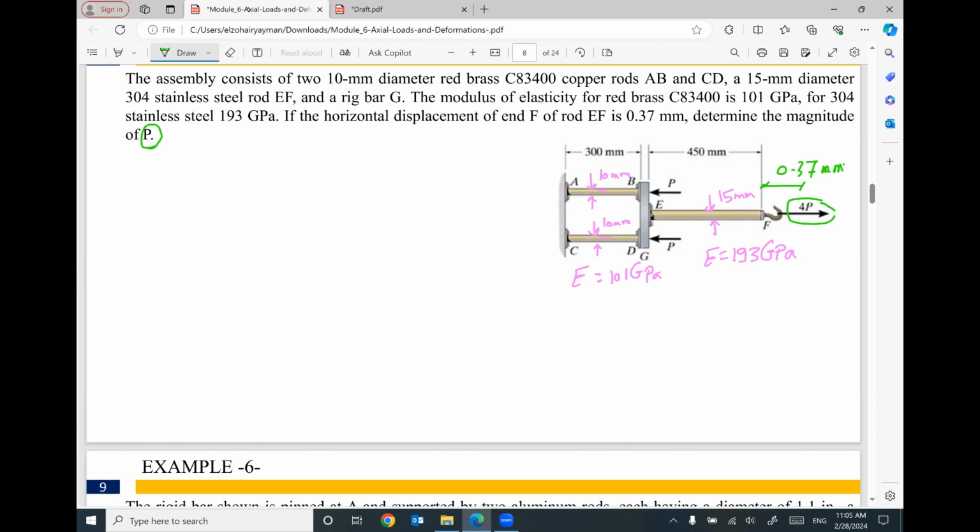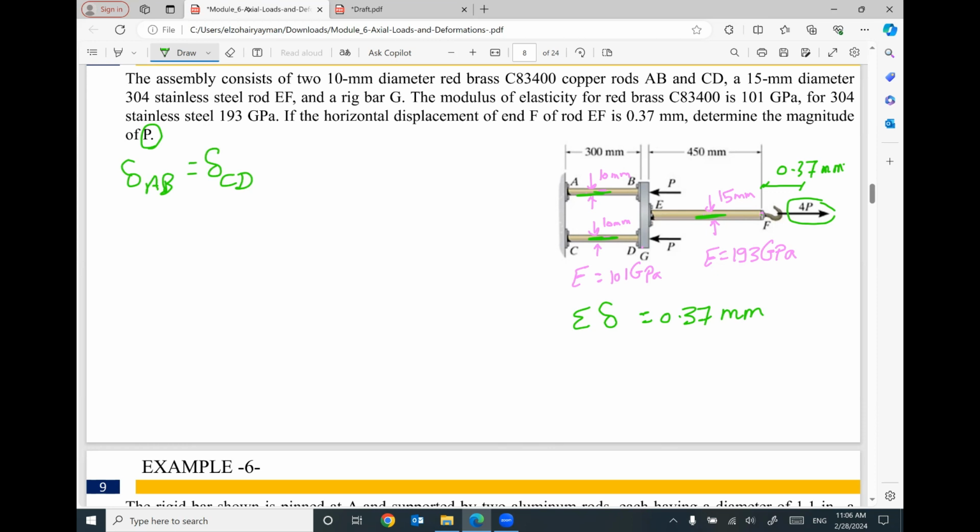It's very easy. Keep in mind that the summation of elongations in this rod, this rod, and this rod will equal 0.37 millimeter. So the total elongation is given, and we need to figure out the applied force. Let's start with part AB, whose delta equals the delta in part CD.